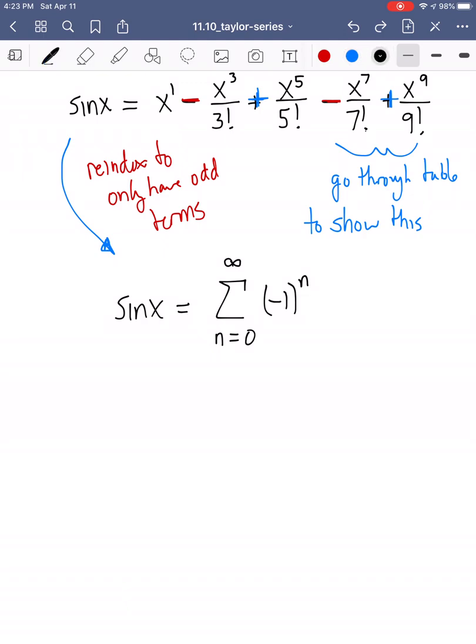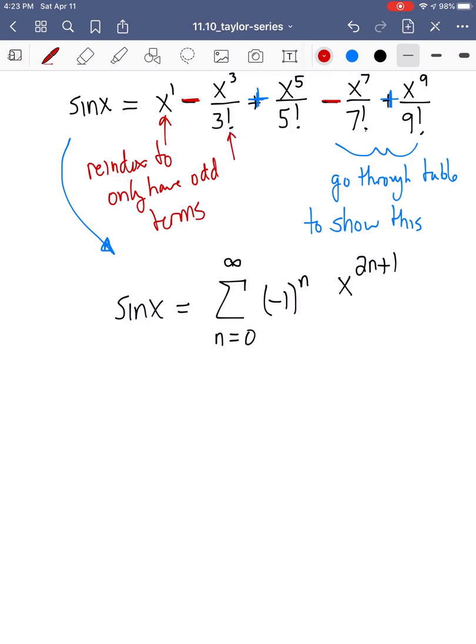And well, to capture only the odd terms, we would then want x's raised to an odd power. And we can guarantee this is an odd power if we write it as 2n plus 1. Because when n equals 0, we're just getting x to the first, which is the coefficient on that term. When n is equal to 1, we'll get 2 plus 1, which is 3.